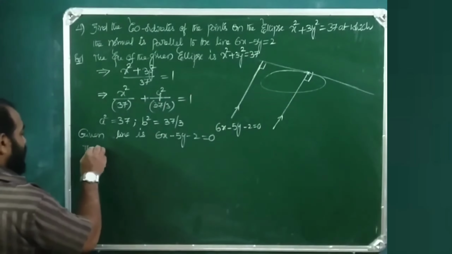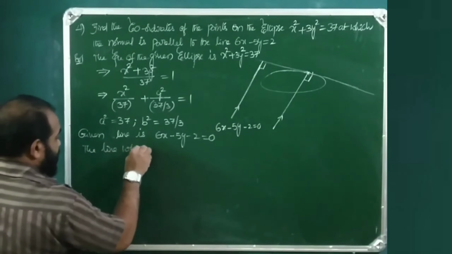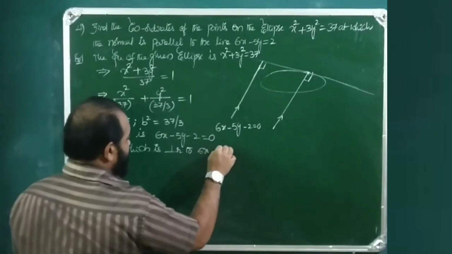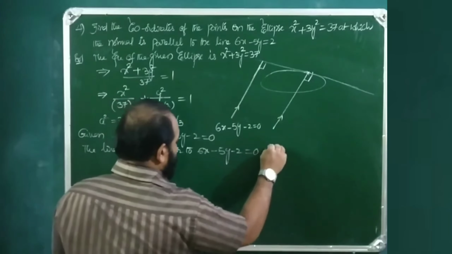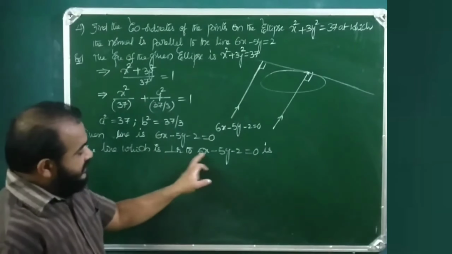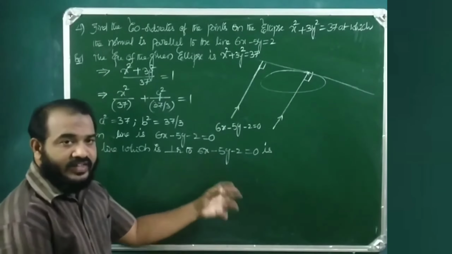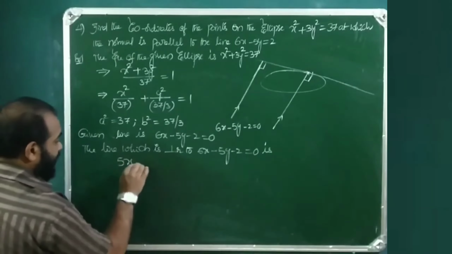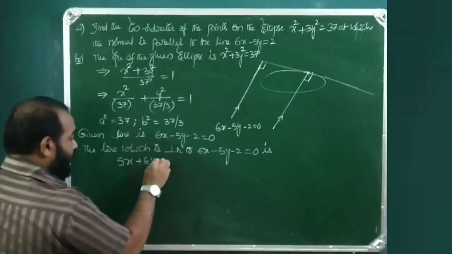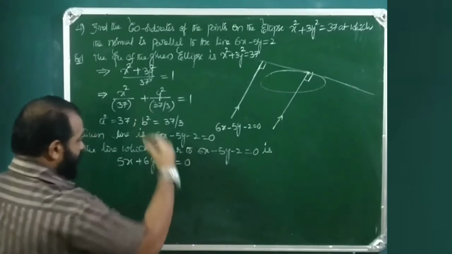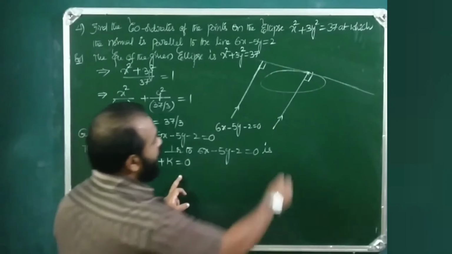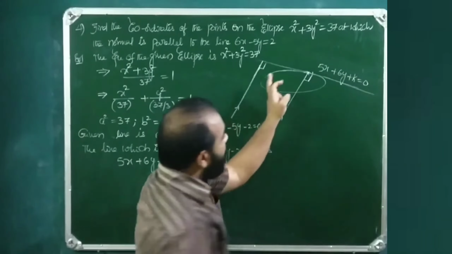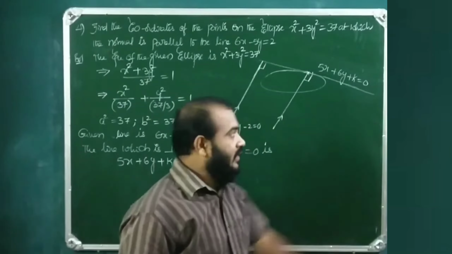So the line which is perpendicular to 6x minus 5y minus 2 equals to 0 is of the form where 6 and 5 are interchanged. The minus in between is replaced with plus, and plus k equals to 0. So this is 5x plus 6y plus k equals to 0. That is the equation of the required tangent.